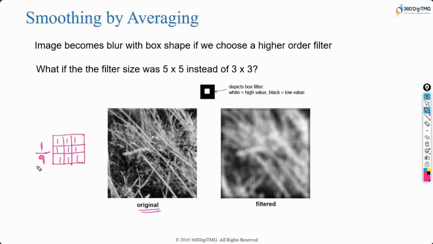Okay, so if you apply this kind of a filter on an image, the resultant will appear like this, the output. So this is your input image and you have an output image. And this output image that you're seeing is called a smoothened image.